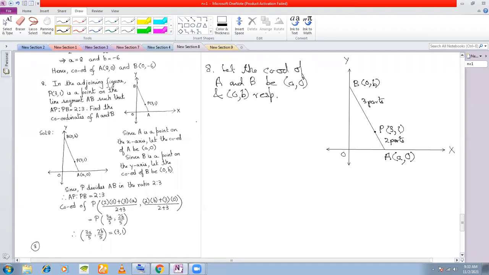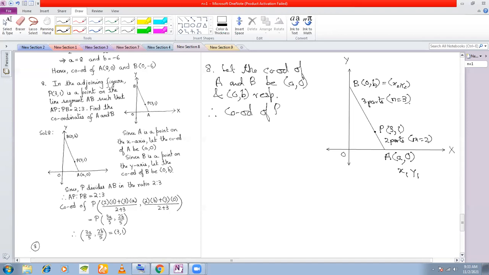Okay. Now, if we consider this as our x1, y1, then this becomes our m. So m is equal to 2. This becomes our x2, y2, so this becomes our n. Right? So therefore, what should be the coordinates of P in terms of a and b?